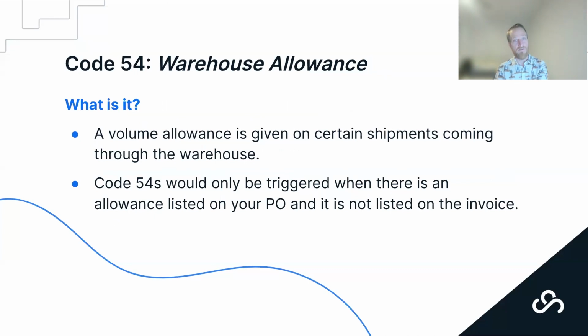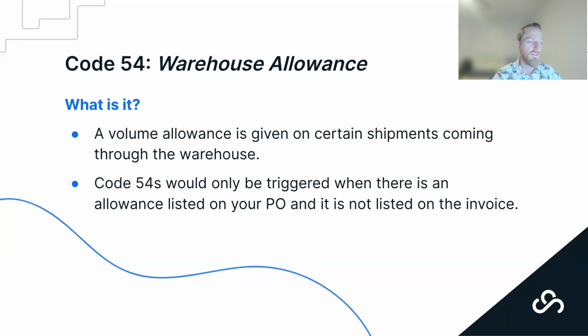So some common deduction codes that you may see: code 54 is a warehouse allowance. It has a sister deduction, code 57, quantity discount. They're very similar. This is really an allowance for the benefit of being able to use Walmart's distribution network. So if you're shipping to their DCs, this is a common allowance type that's requested or sometimes even required of Walmart suppliers.